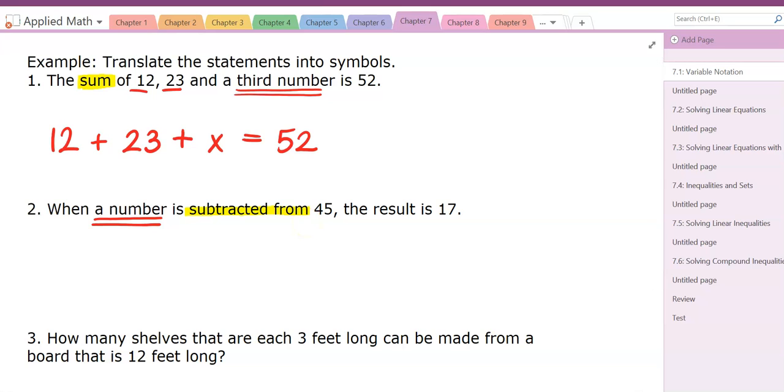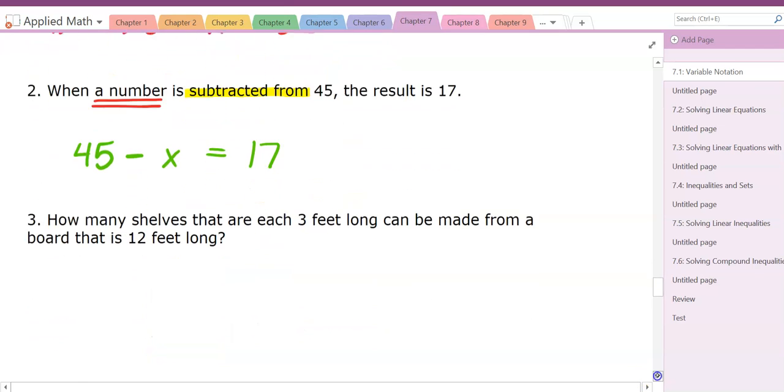That means that you started with 45 first, and then you took away the number. So don't get that backwards, because I see a lot of times students will want to write n or x minus 45, when it really should be 45 minus x or n, whatever letter you want to use. Then it says the result is 17. So is, again, is that keyword for equals, and then we have 17.